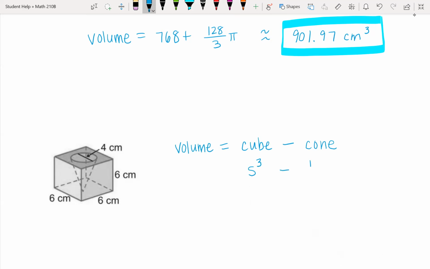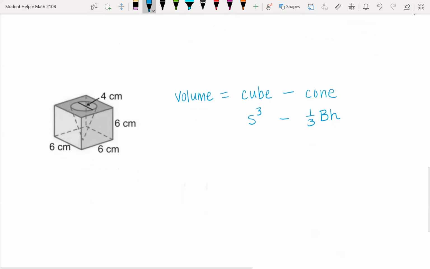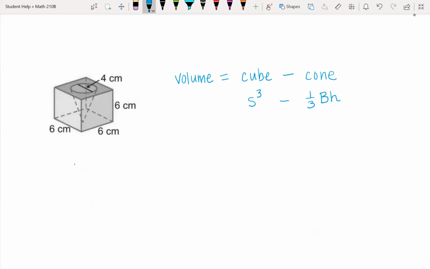And then a cone is 1/3 the area of the base shape multiplied by the height of the cone. So the volume of the cube is 6 to the 3rd power, or 216.